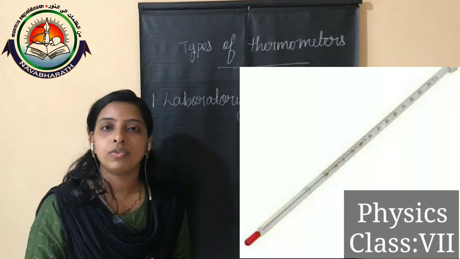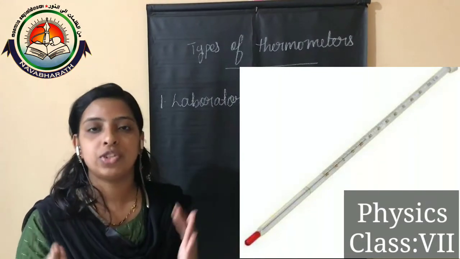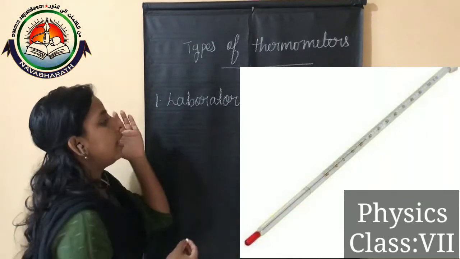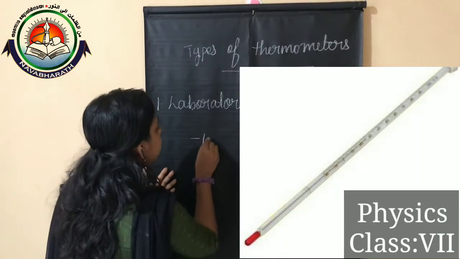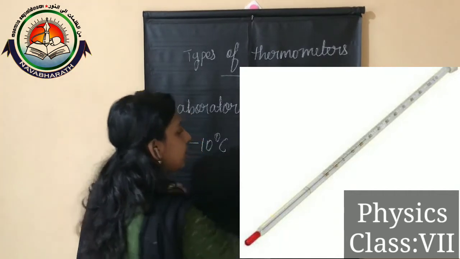On the stem of the thermometer there is a range of temperatures, and in this laboratory thermometer the temperature range is minus 10 degrees Celsius to 110 degrees Celsius.